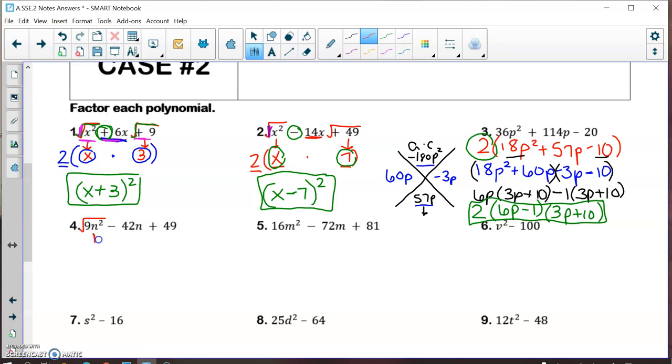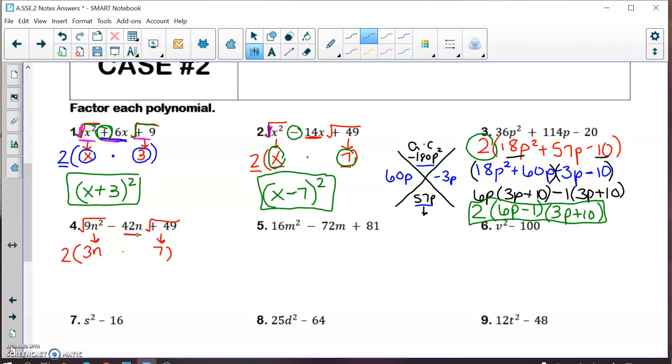Well, the first term is a perfect square. The square root of my first term is 3n. My last term is also a perfect square. The square root of 49 is a 7. If I multiply both of those terms together, you get a 21n, and multiplying that by 2, you get a 42n, ignoring the operation.